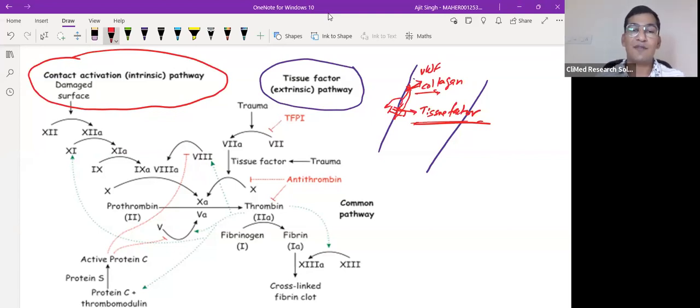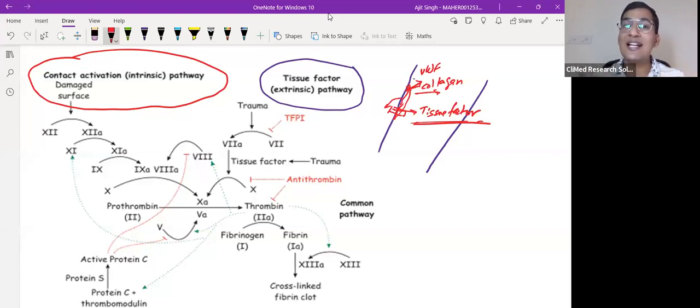And if we talk about the coagulation factors, there are multiple coagulation factors which are already available internally in the blood.